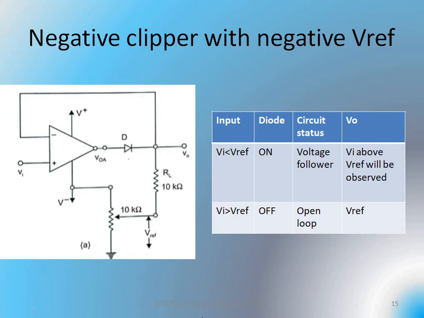So what happens to the circuit? When V in is greater than the V reference, so when this V in is dominating this circuit, here the circuit becomes open, and due to the open condition, the circuit behaves as an open circuited operational amplifier. So whatever you have provided here, the same signal will be found at its output.